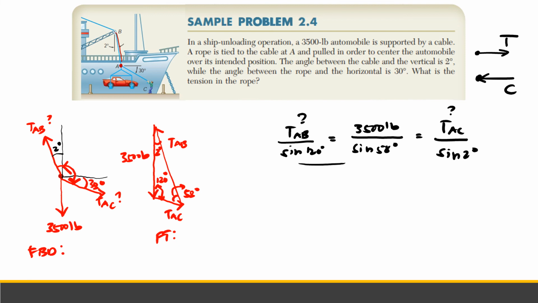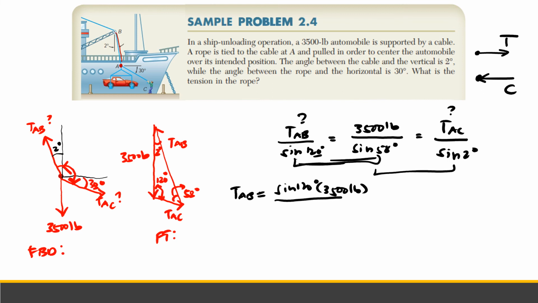Okay, so we have two unknowns with two equations. So first equation and second equation. So we can solve the tensions or forces TAB and TAC. First, solve natin yung TAB. So TAB is equal to sine 120. So ilipat natin to sa kabilang equation, multiplied by 3,500 pounds over sine 58 degrees.